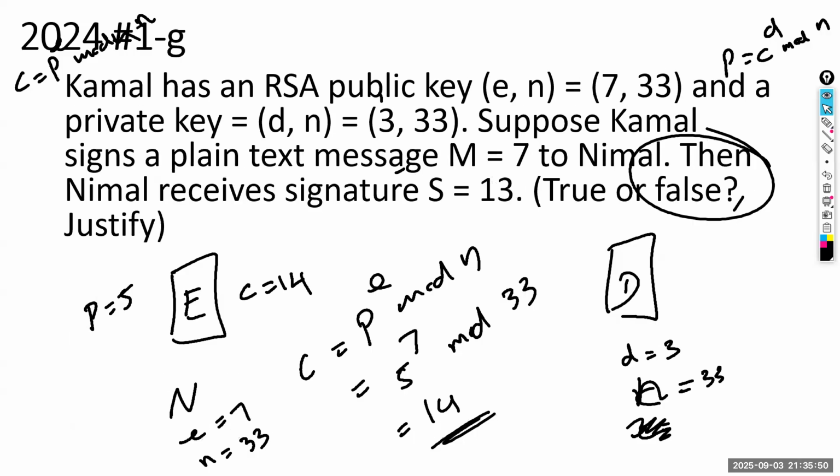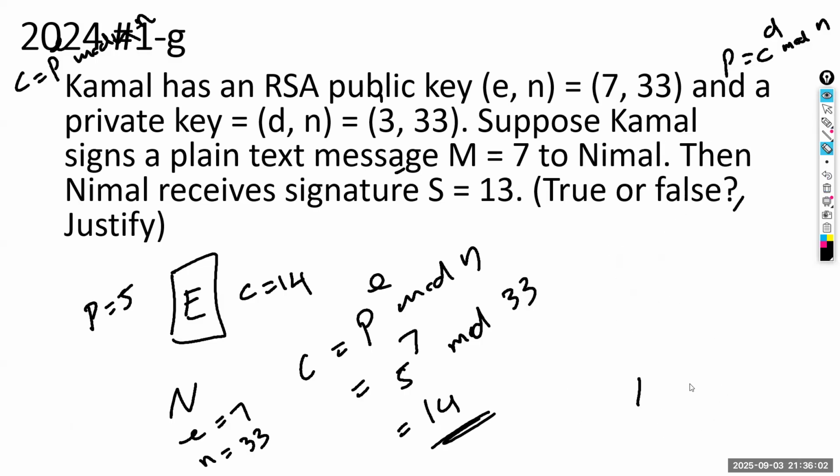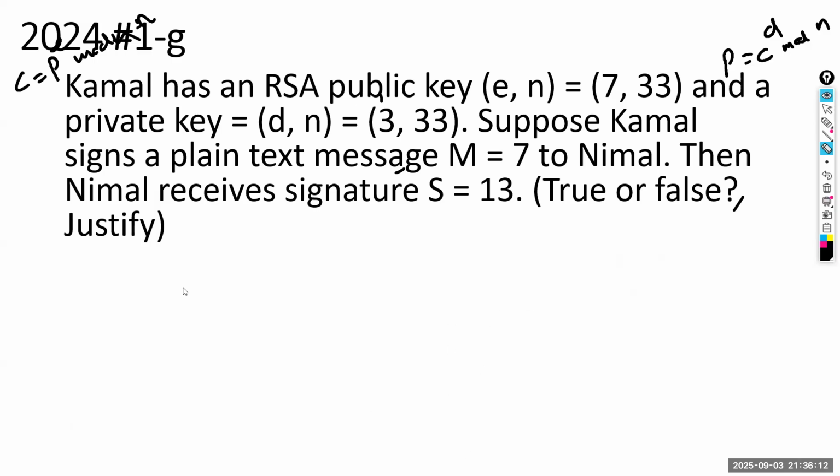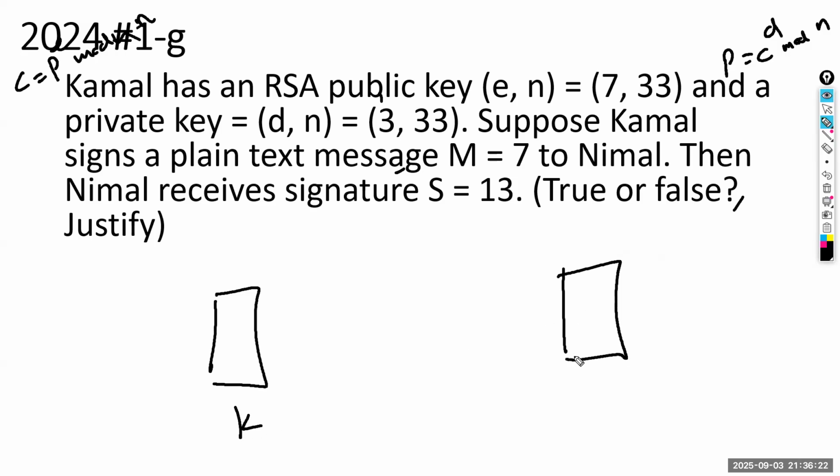Very easy. So this one is digital signing. So then you need to use the formulas in the reverse order. Kamal has an RSA public key and so on. Kamal signs a plain text, and Nimal verifies the signature.